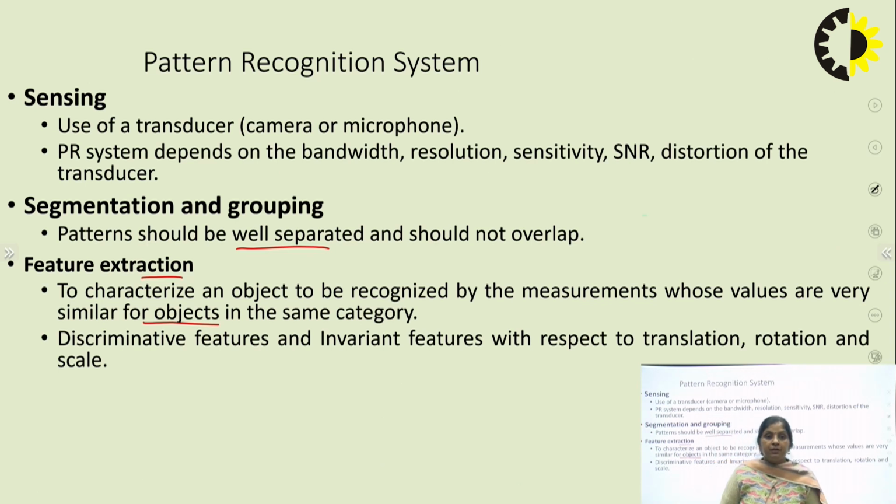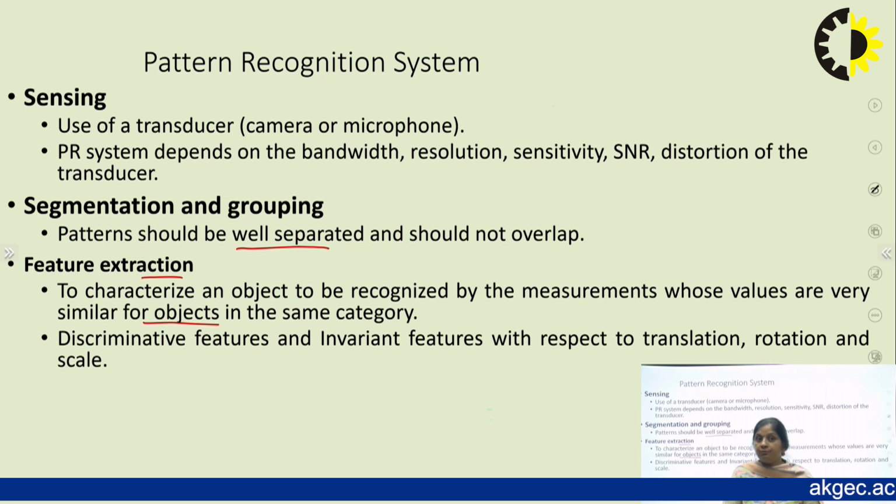The feature that we select for identification of a dog should be such that it is able to discriminate it from a cat. It should not have the same value for a cat as it has for a dog. The feature should be well discriminative.